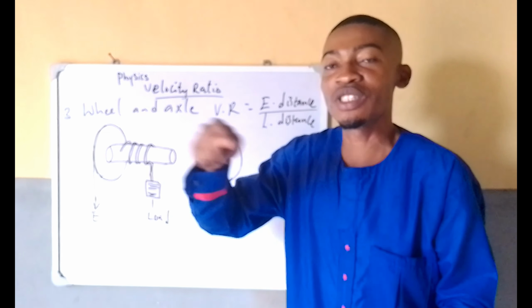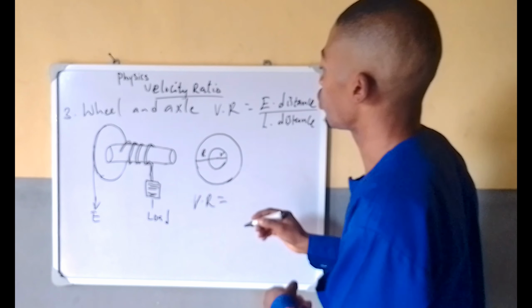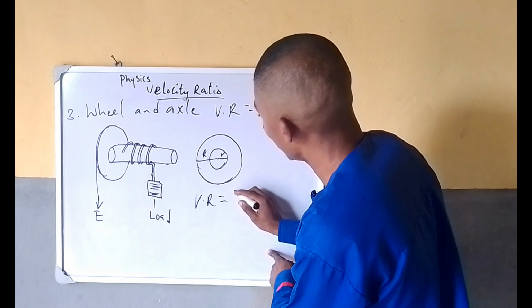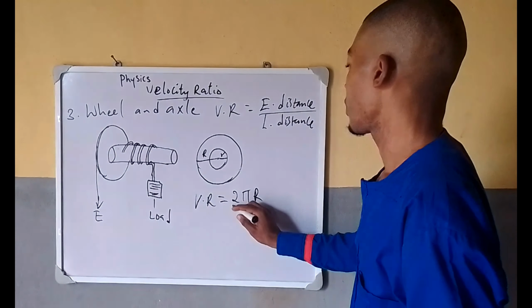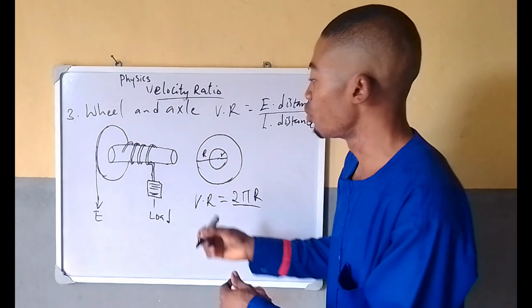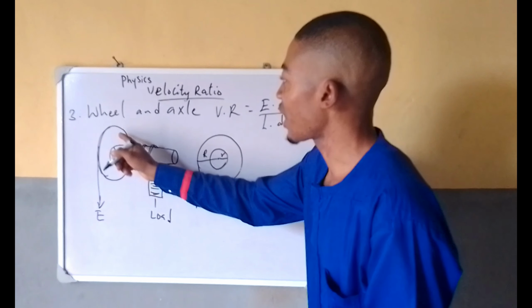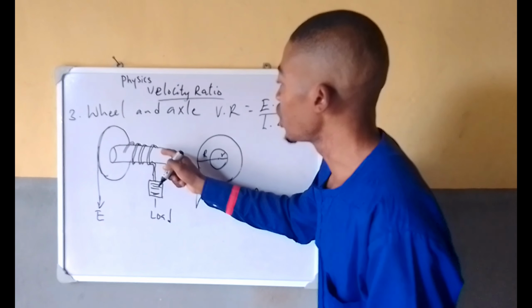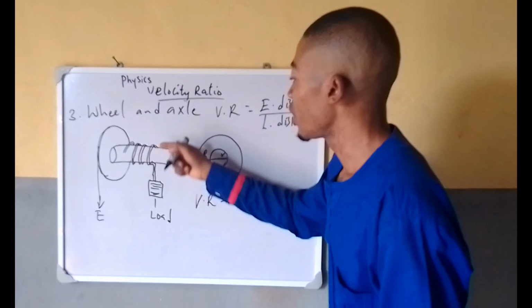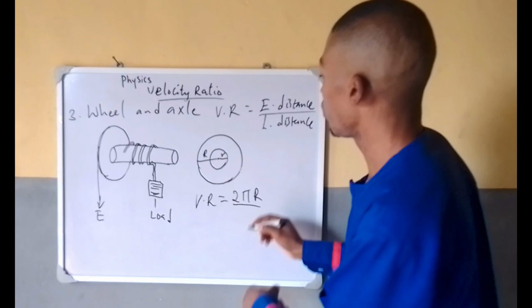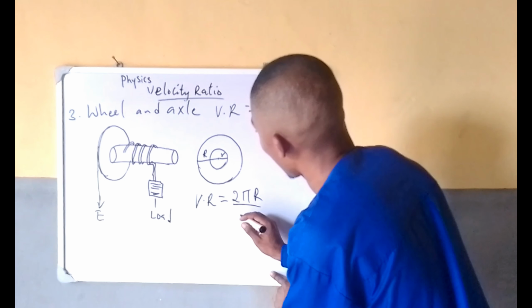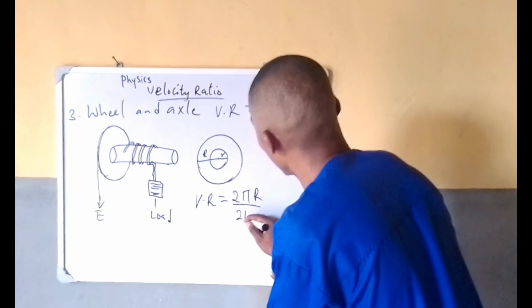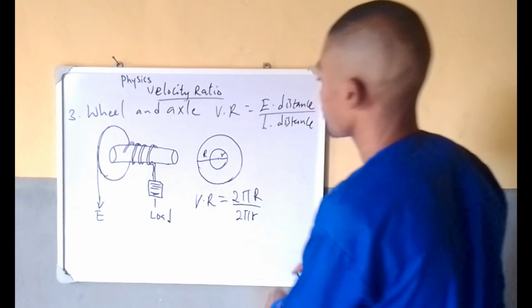And the circumference of the circle turned by the wheel is equal to 2 pi big R. Then the distance that the load is going to move, remember this is the load, by the time this turns through 360, this one will also rotate and turn through 360 as well, will be equal to the circumference of the axle, which is 2 pi small r.